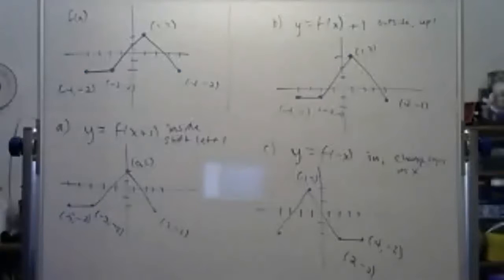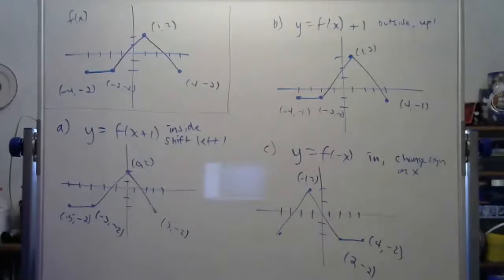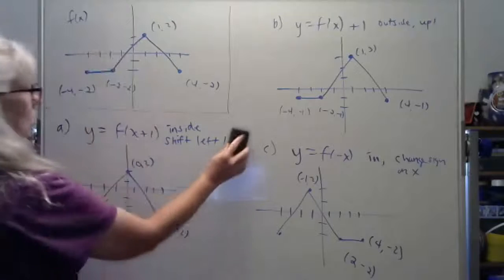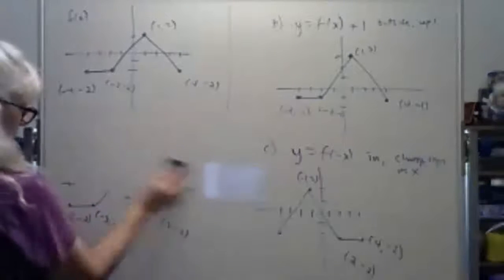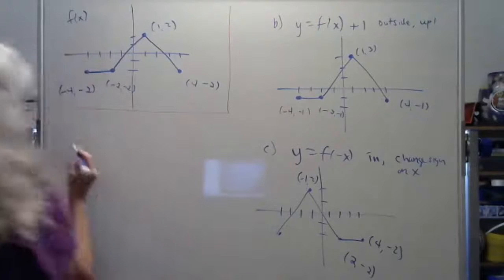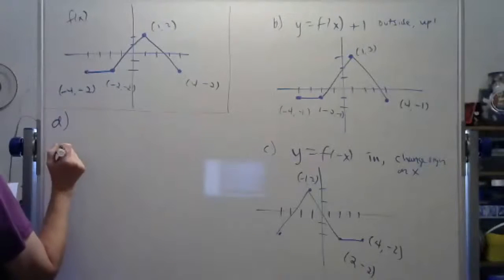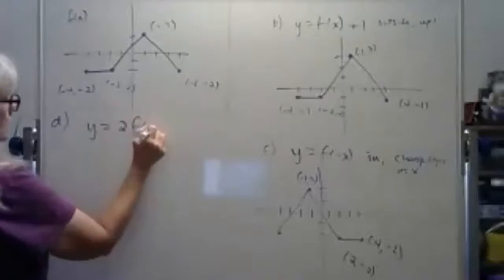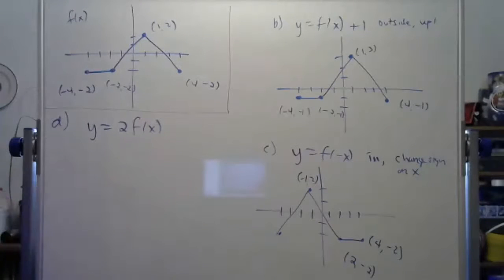Nice. The one thing we have not done a lot of is the stretching. So let's do a couple of those to make sure you understand the stretching and the shrinking. This would be part D. So we would have y equals 2 times f of x.